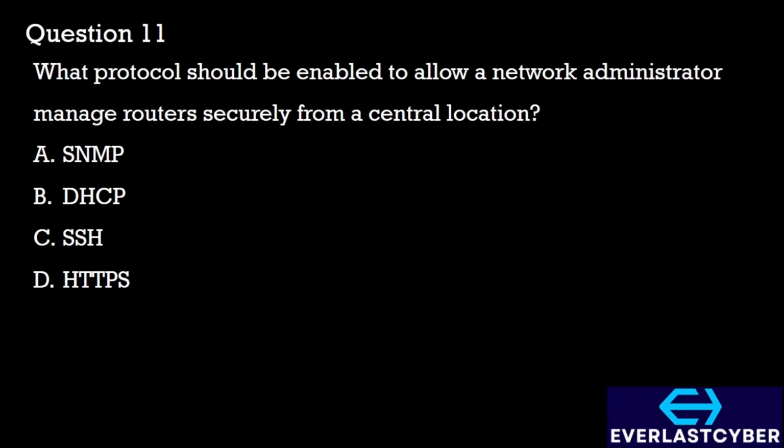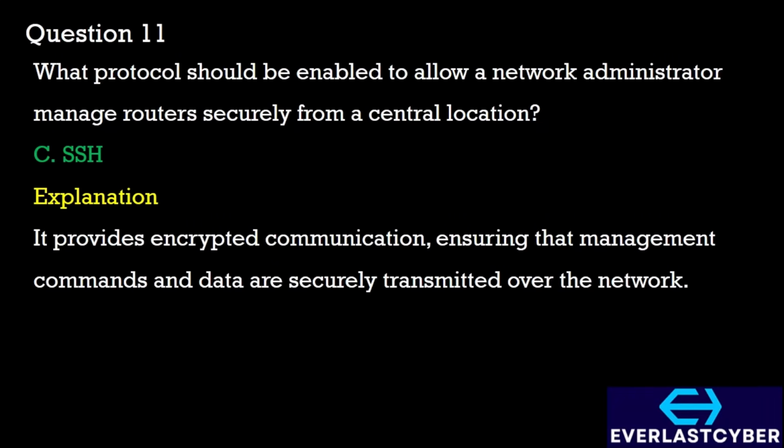HTTPS is a protocol that is used for secure web browsing and accessing web-based management interfaces. For this, we'll be going with option C. SSH provides encrypted communication, thereby ensuring that management commands and data are securely transmitted over the network.